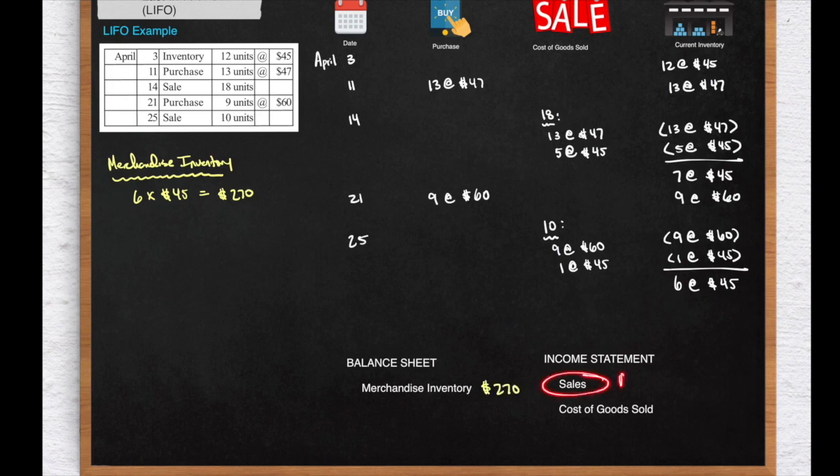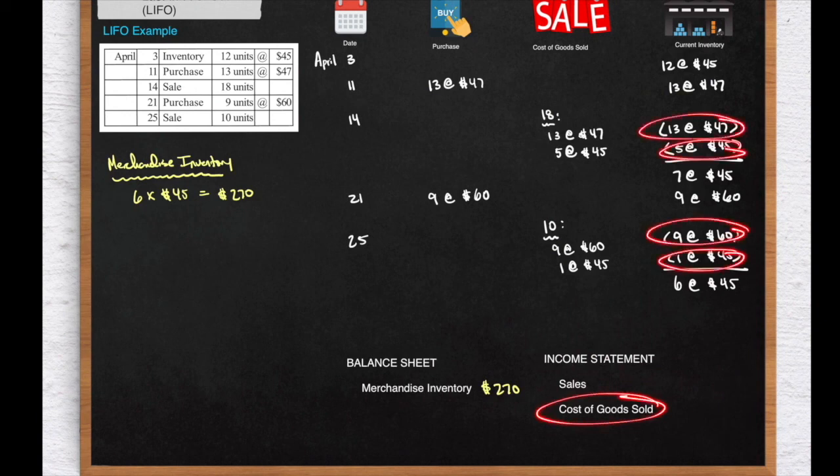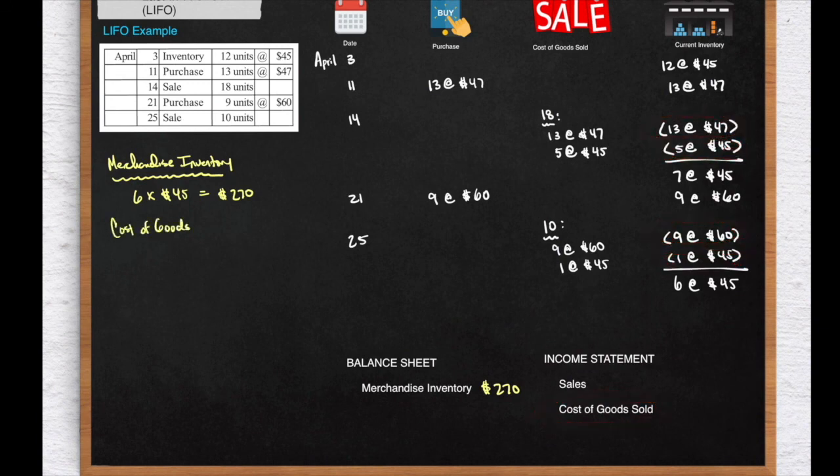Next, we go to the income statement. We can't calculate the sales because I didn't give you enough information for what the company sold each unit for, or a selling price. Next, we're going to calculate cost of goods sold. The cost of goods sold is really the cost of all the products that we sold that left. So here's our cost of goods sold.